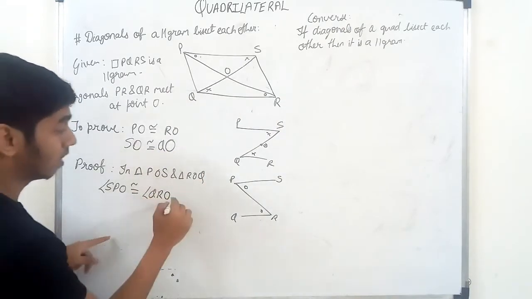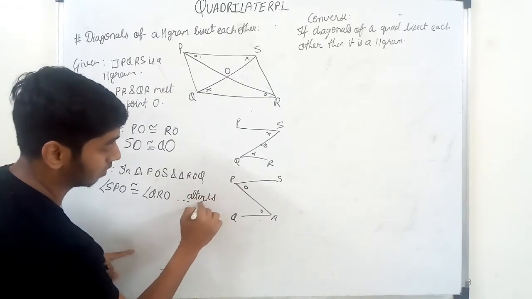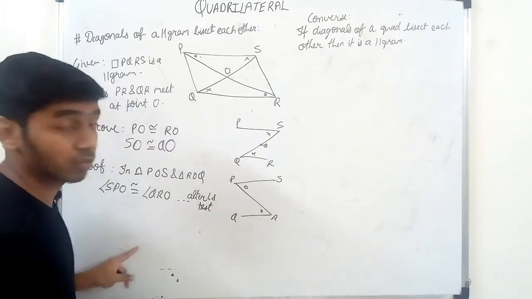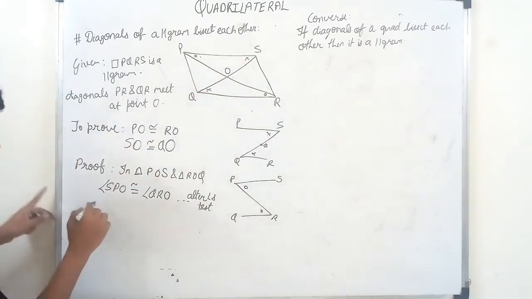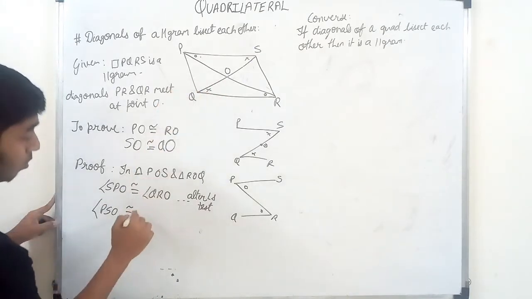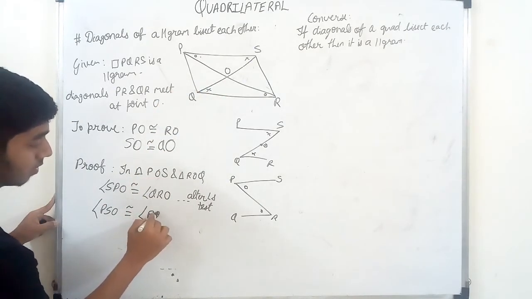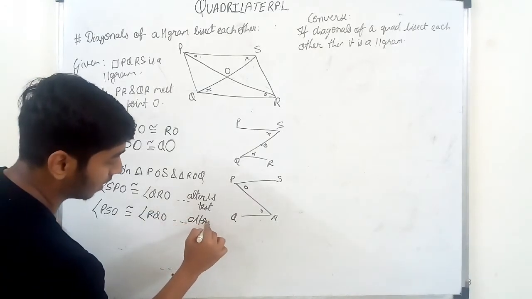Yes or no? What is the reason for this? Alternate angles test. Same way, can we say this angle to be congruent? So we can say PSO is congruent to RQO. Again, alternate angles test.